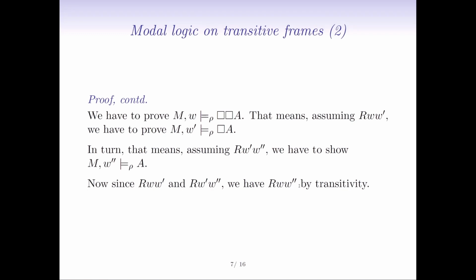In other words, W double prime is accessible in 1 step from W. And since box A is true at W, we know that anything that is accessible in 1 step from W satisfies A, and that means that W double prime satisfies A. And that's exactly what we had to show.